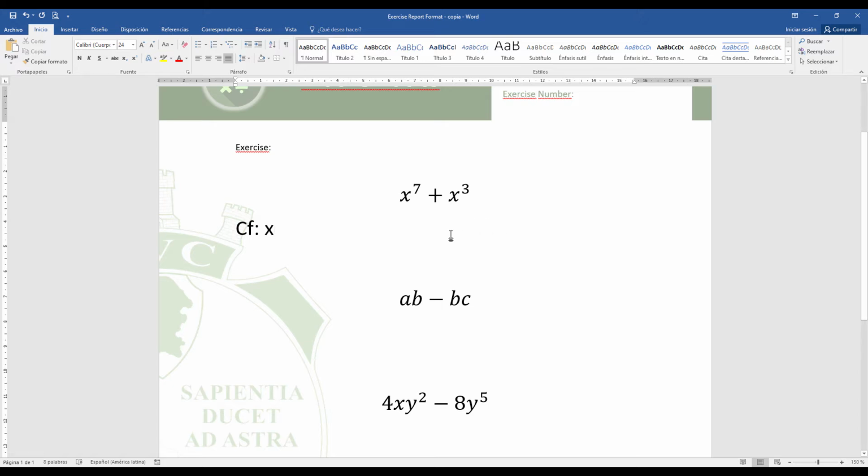Okay, so you need to choose the lowest exponent, so in that case it is x cubed. So this is the common factor here, and you need to look for the largest coefficient, the biggest coefficient that divides all the terms.